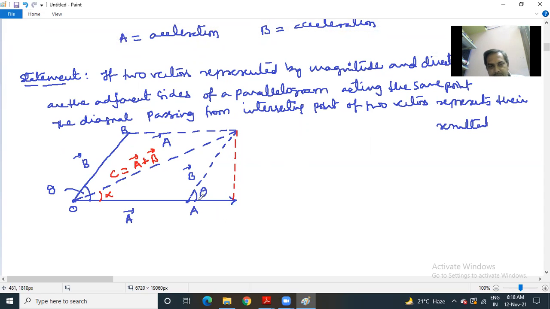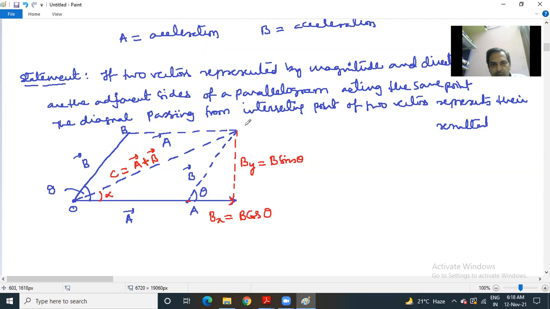Why are you extending? Because B acts in the direction of A with its component Bx equal to B cos theta. Perpendicular to A, the component of B will be By equal to B sin theta. Writing components was finished in the previous videos. Now we have to find the magnitude.